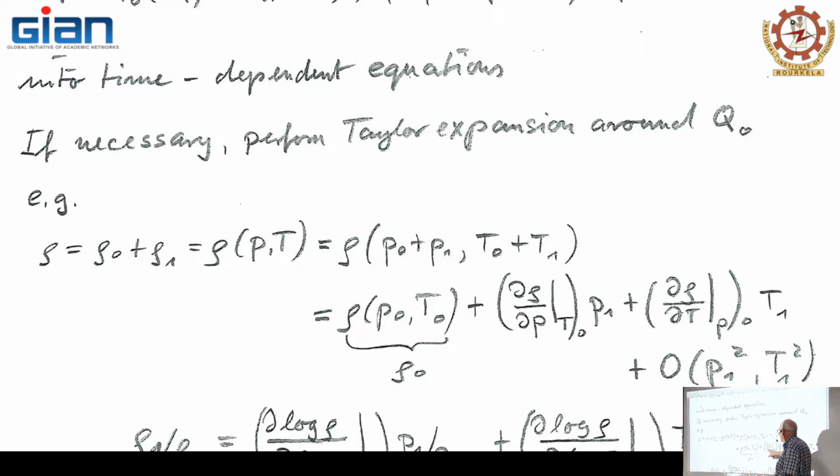So let's perform this Taylor expansion. This is the derivative of the density with respect to pressure times the perturbation of the pressure, plus the derivative of the density with respect to temperature times the perturbation in the temperature. Now these are already quantities of first order. Of course we can drop the second order quantities according to our assumption that the perturbations are small.